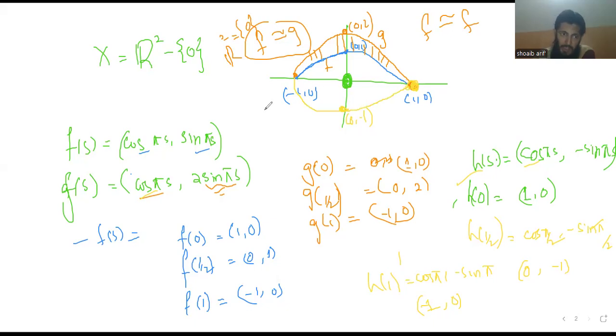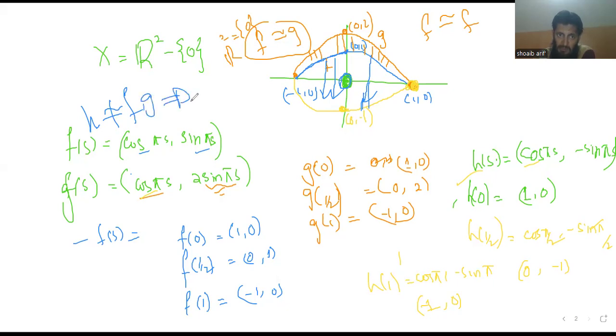Okay, you can see, and we also see this is the hole. So we cannot continuously deform f or g into h, or continuously deform h to f. So we can say h is not path homotopic to f or g.